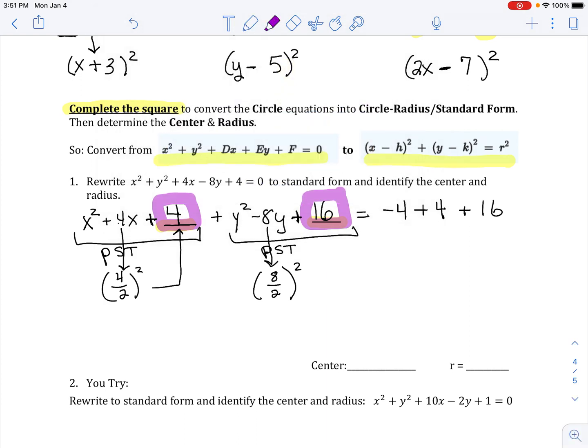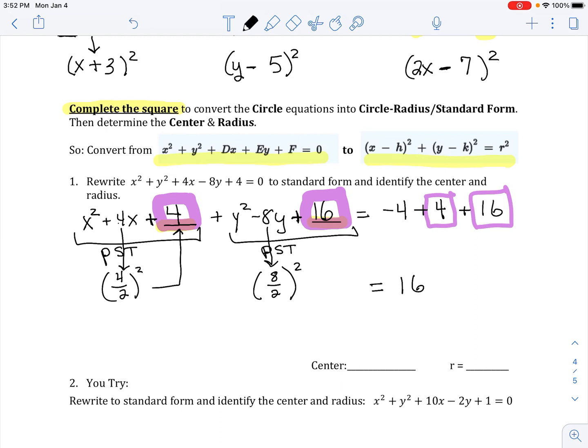And so you can see that I've created balance. On the right side, negative 4 plus 4 is 0, plus 16 is 16.